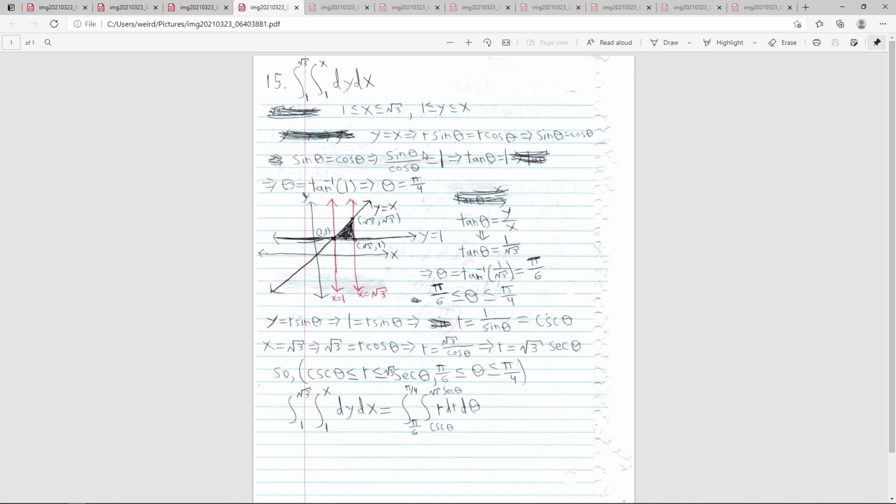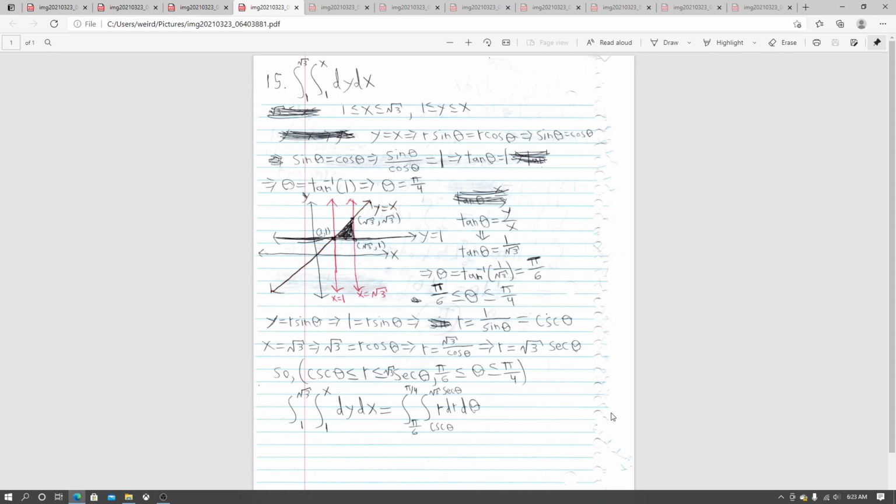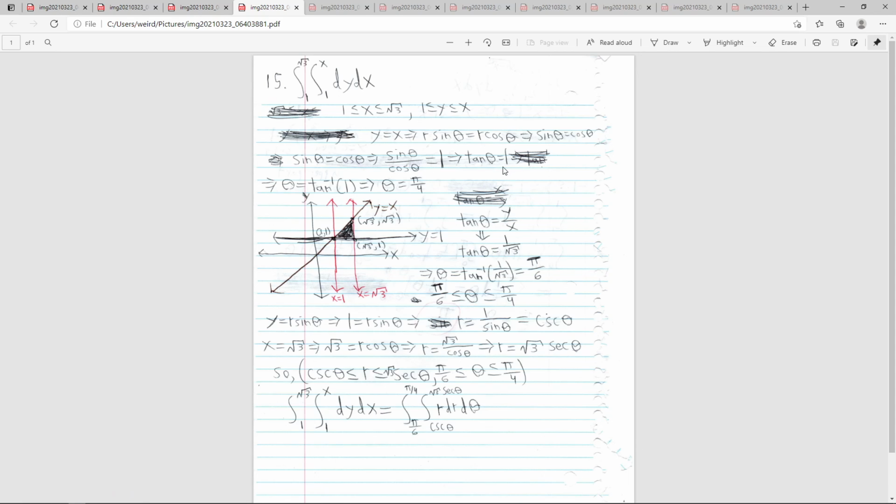Dividing the two equals 1, so tangent zeta equals 1, because sine divided by cosine is tangent zeta. The inverse tangent of 1 gives zeta equals pi fourth. That gives us the upper limit since y equals x. As you can see from here, that is the upper part.